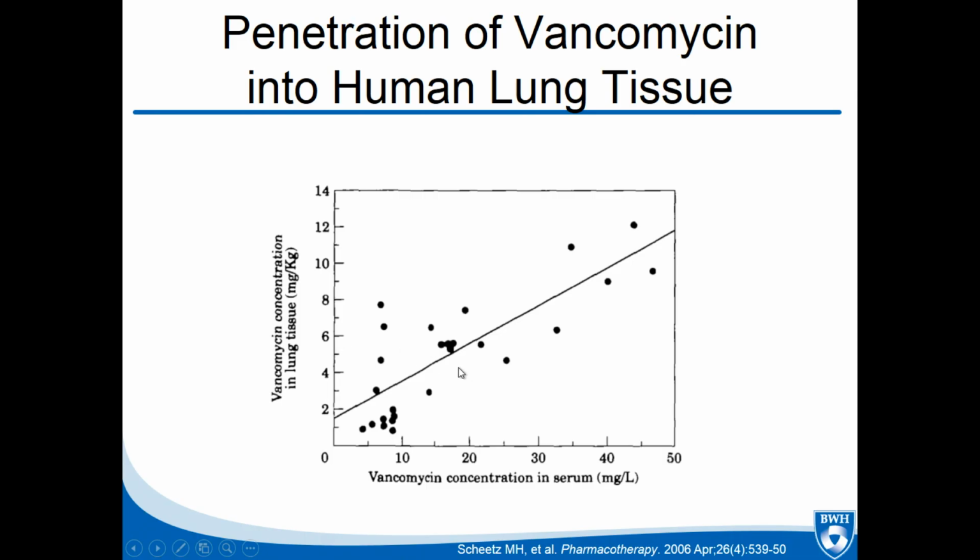Actually, in the lungs, we're most likely only getting 25% of that. And if you think about our pharmacokinetic and dynamic goals for vancomycin, we're trying to establish an AUC to MIC relationship of over 400. So that's why we really want to get serum to 20, because what we'd consider subtherapeutic levels in the serum are actually as good as we're going to get likely into the lung tissue.